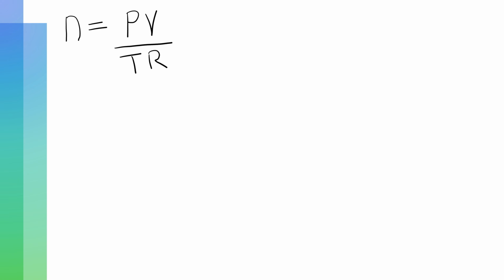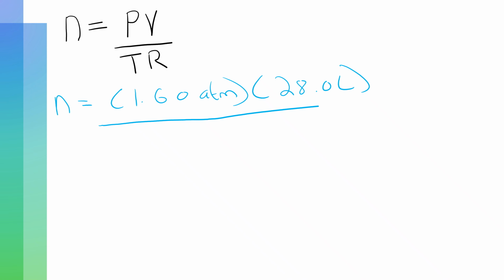Okay, let's now plug our values into this updated version of the rearranged equation. So we have n is equal to 1.60 atmospheres of pressure multiplied by our volume of 28.0 litres, and we're going to divide that by our temperature, 303.15 Kelvin, and multiply that by our gas constant of 0.0821.